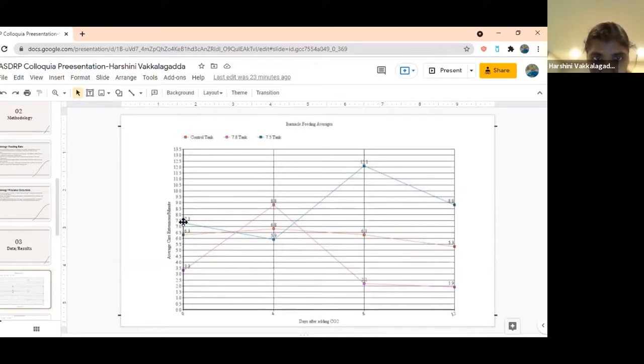And the other tank takes a similar route to the 7.5 pH tank, but it's the opposite. The cirri extensions decrease in the beginning, and then they have a big increase, and then they decrease again.